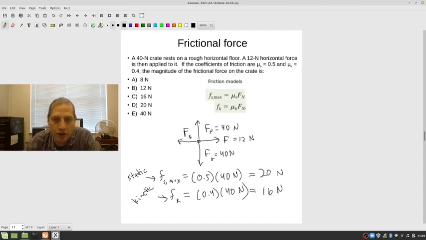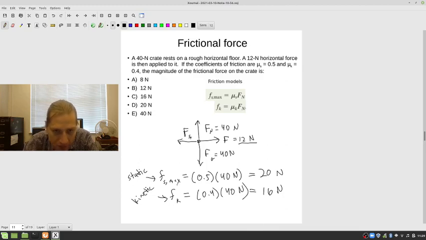Now, the first question we have to ask is, is this force sufficient to get my object to move? Well, how much force would I have to apply to get my object to start moving? I would have to apply 20 newtons of force. After that, once it starts moving, I only need to apply 16 newtons. In this case, we have only applied 12 newtons of force, so my object is not going to move.